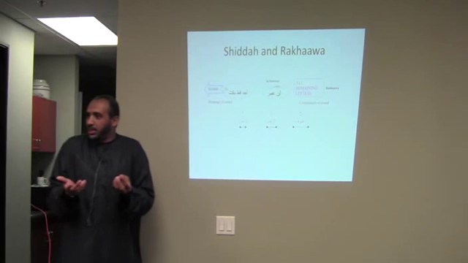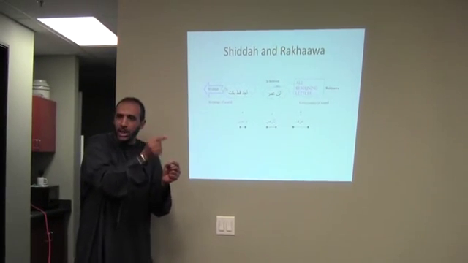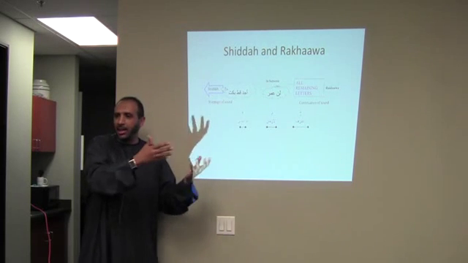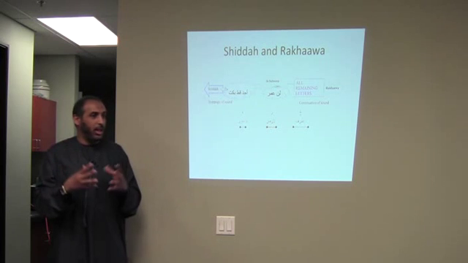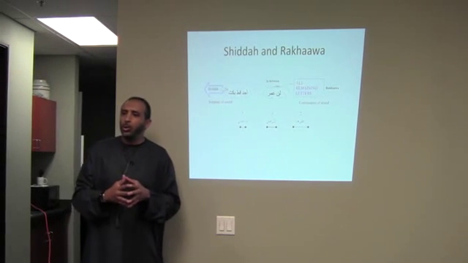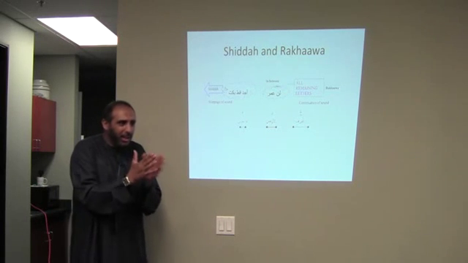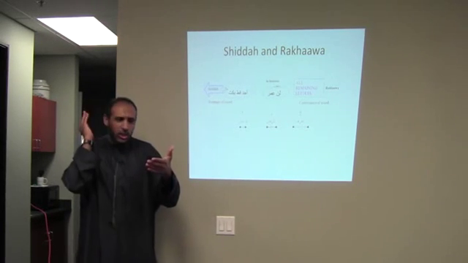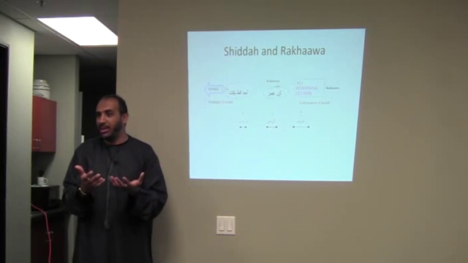Because a shidda is basically what? It's two letters where one of them became a sukoon and the second one has a haraka. So for example, when we say dhalika al-yawm al-haqq, for example, dhalika al-yawm al-haqq. Why is this gap here? To make sure that the qaf is just completely sealed, because it's a double qaf.